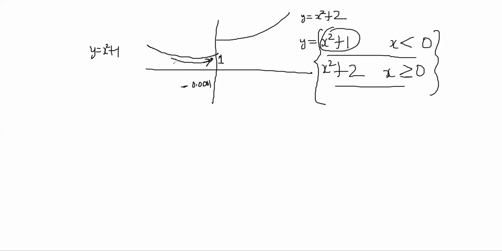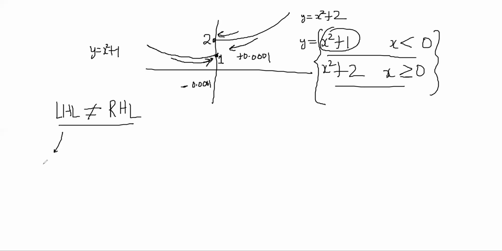The value is approaching 1 from this side. But if you come slightly above 0, plus 0.0001, you are on the x squared plus 2 curve. So you will be approaching the value 2 from that side and 1 from this side, right? This is the case where you say that the left hand limit is not equal to the right hand limit.